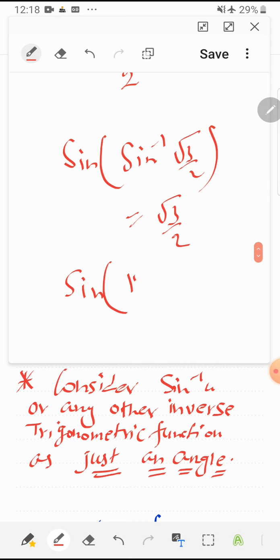It is 60 degree or pi by 3. And what is sine pi by 3? Root 3 by 2. So overall they are neutralizing each other, the inverse trigonometric function and the trigonometric function. But we can't say that it is being multiplied. So there is no question of multiplying, or inverse meaning raise the power minus 1 or 1 upon sine. So remember this thing.